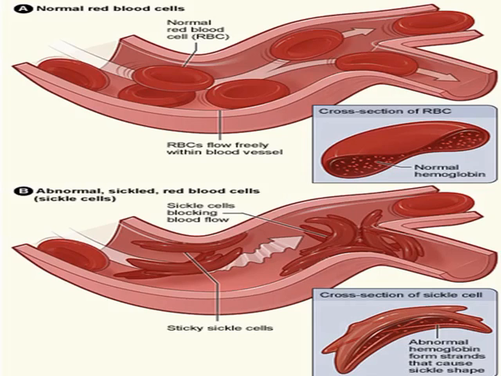In this particular slide, we can see that the normal red blood cells carry oxygen around the body in the circulation. These normal red blood cells can carry oxygen to the respiring tissues and provide the tissues and the muscles with oxygen.